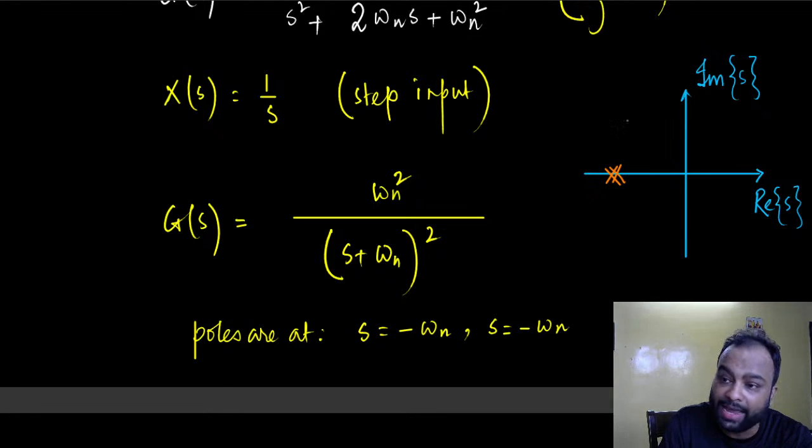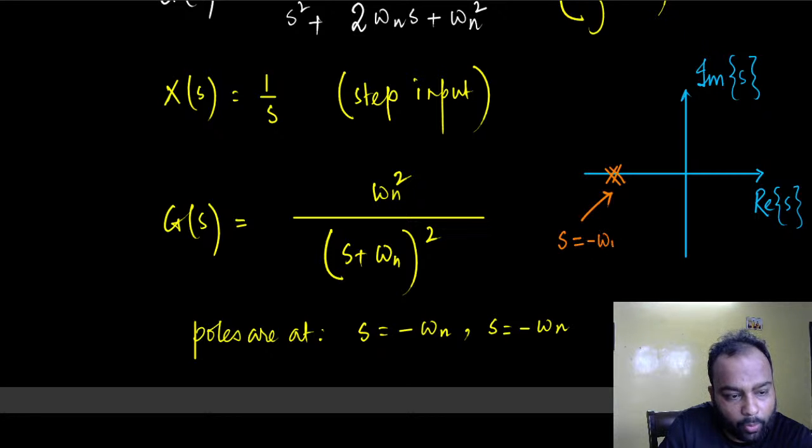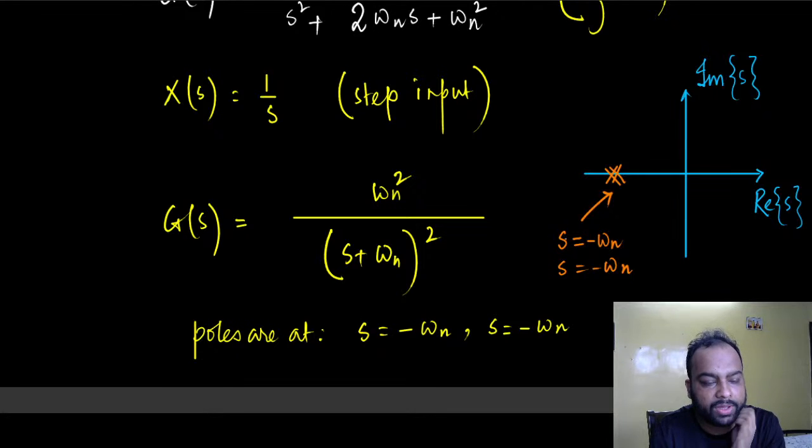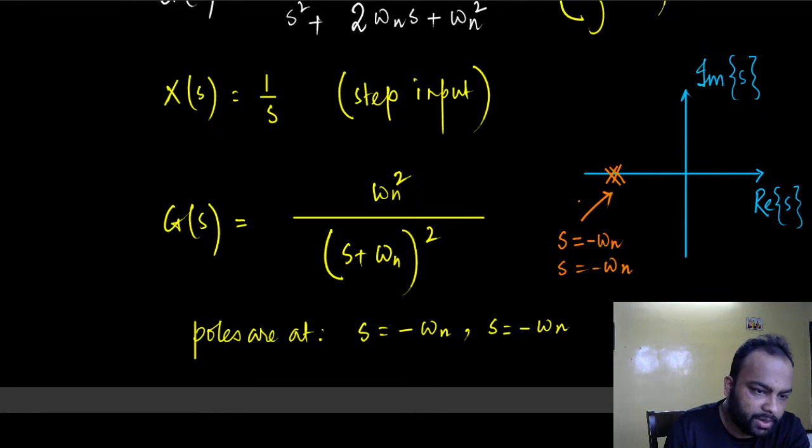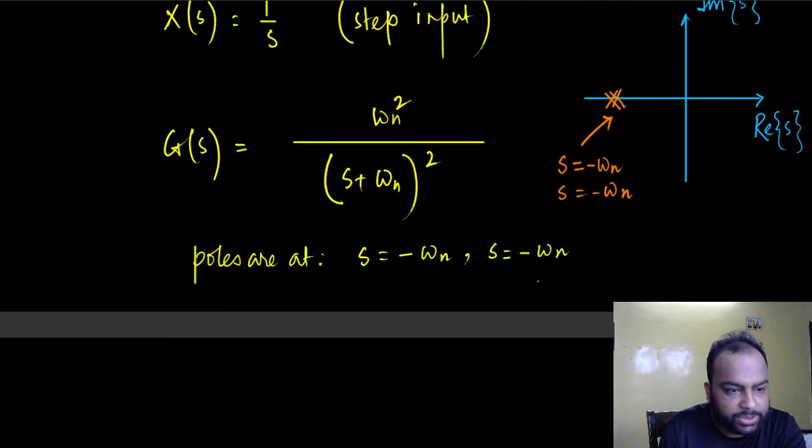So we are saying they are real, they are no longer complex conjugate like the previous cases. They are real and equal poles, and both poles are at s equal to minus omega n. So these poles are real and equal, and they are on the real axis here, like that. Okay, so these are the pole locations.